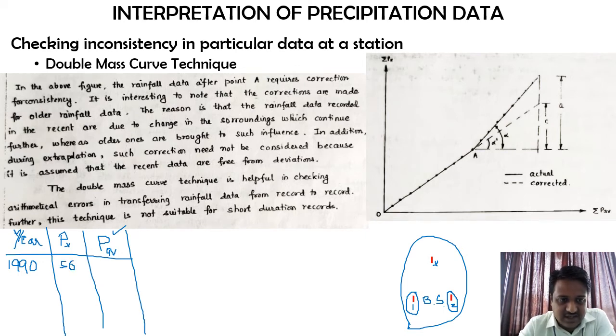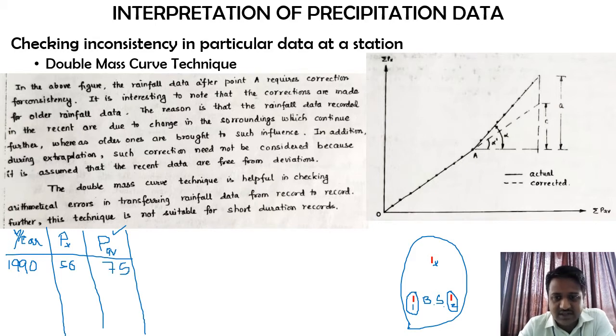This 56 indicates that for the year 1990, the rain gauge station X had given us a value of 56 mm. Similarly, for the base station reading, the P average value I am going to write down here is, let us say, 75.